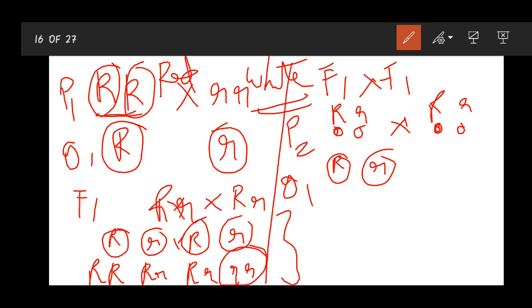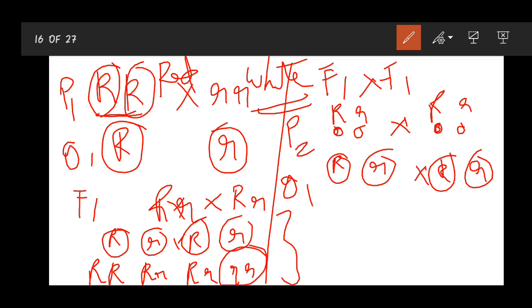We know that it happens in anaphase, and this separation is what is called segregation. That means the alleles or the factors that control a particular character can segregate into two different gametes.